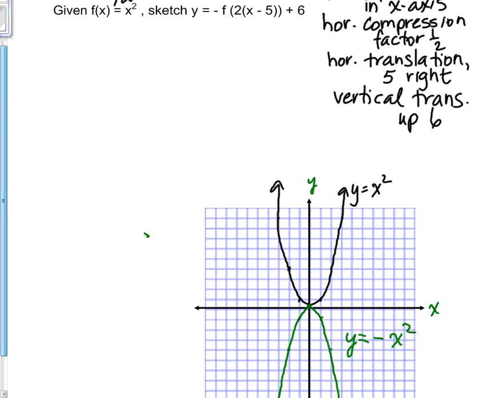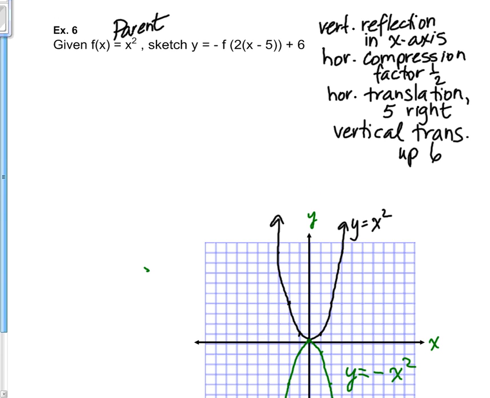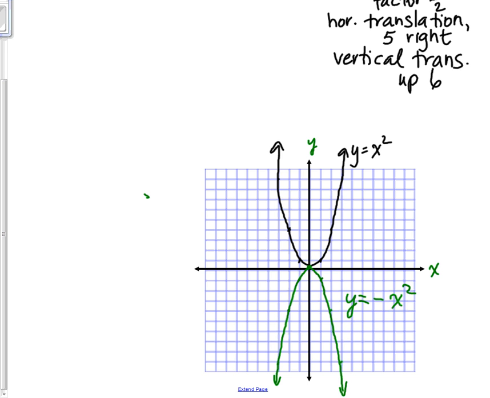The next transformation that we're going to draw is a horizontal compression factor 1/2. So for our horizontal changes, instead of our usual step pattern, over 1, down 1, in this case it's going to be over 1/2, down 1. So we haven't moved left or right yet. We stay at that vertex. Horizontal compression means change your overs by a factor of 1/2. Over 1/2, down 1. Instead of over 2, down 4, it's going to be over 1, down 4.